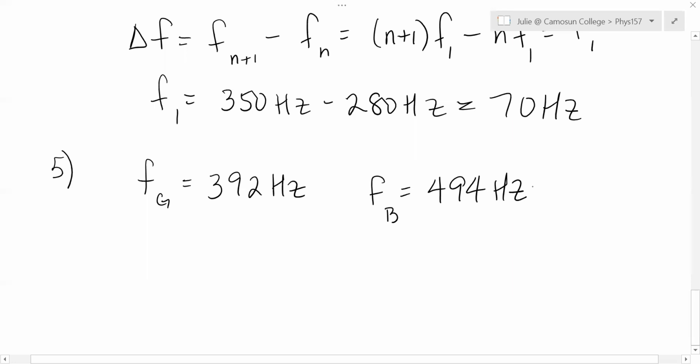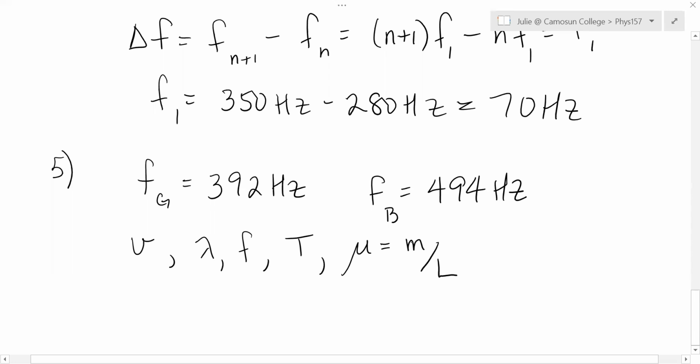Now we have all the variables: we have speed, we have wavelength, we have frequency, we have tension in the string, and we have the linear mass density, which is in fact the mass over the length of the string. So we could list those as M and L or mu, it doesn't matter.